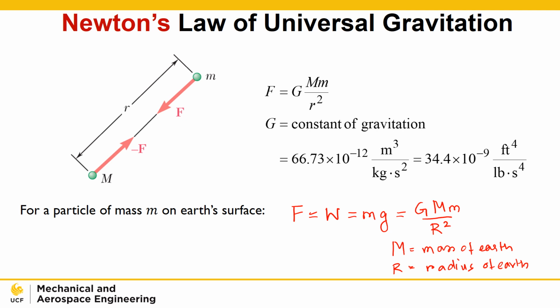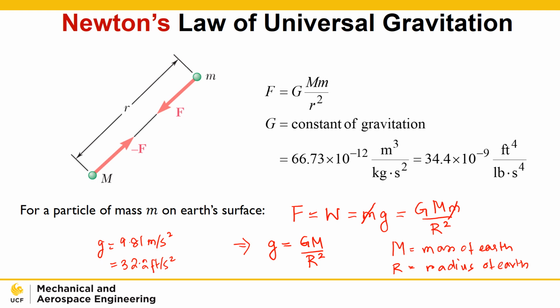So if we cancel out m here, what we get is an expression for small g, which is Earth's gravitational constant, equal to G times M over R square. The average value of g, which we use in our calculations, is 9.81 meter per second square in the SI system and 32.2 feet per second square in the US system.